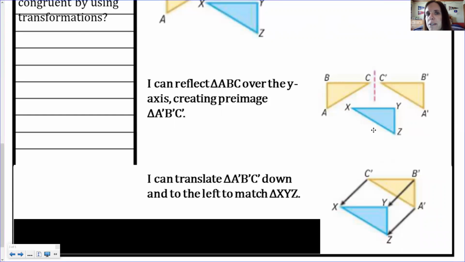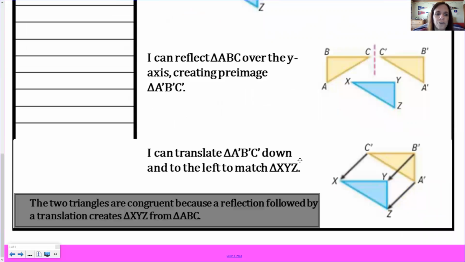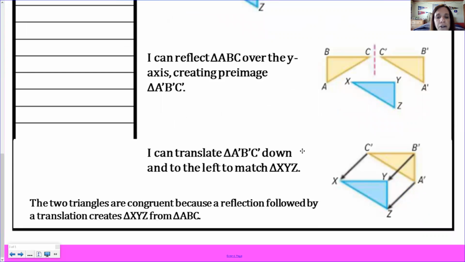We don't know how many places because we're not actually on a coordinate grid, but down and to the left, and then it will match perfectly onto triangle ZYX. So you could say these triangles are congruent because a reflection followed by a translation occurred. And these occurred to then create the new triangle ZYX.